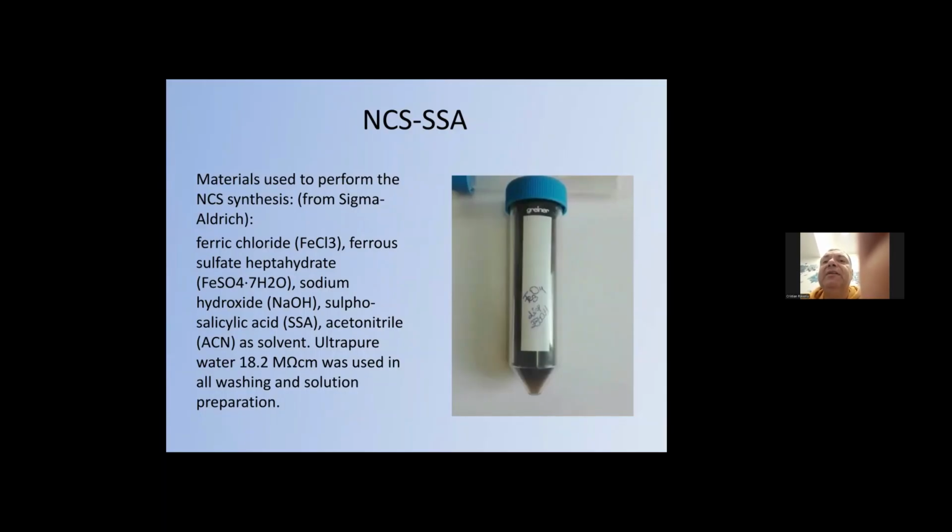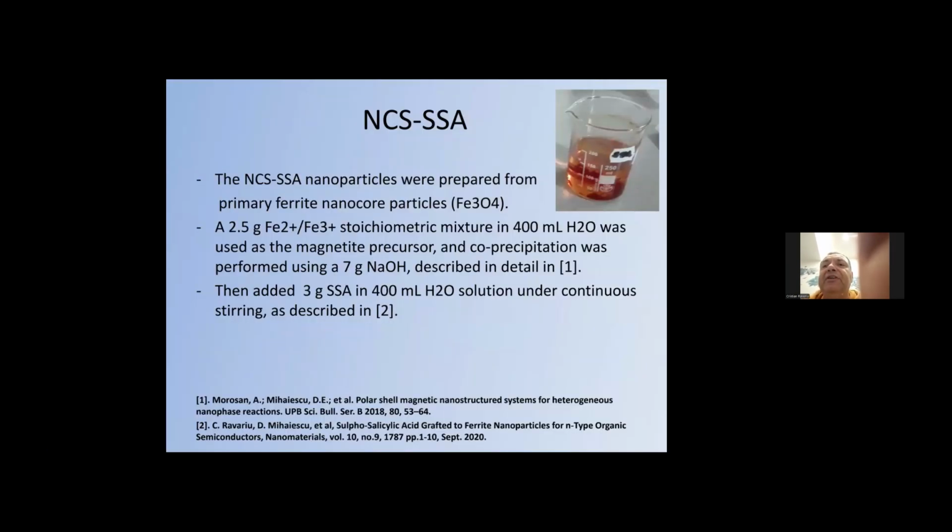Materials were acquired from Sigma Aldrich, chemicals, and we used ferric chloride, ferrous sulfate heptahydrate, sodium hydroxide, sulfosalicylic acid, acetonitrile as solvent, and we used ultra pure water, 18.2 megaohm per centimeter, in all washing and solution preparation.